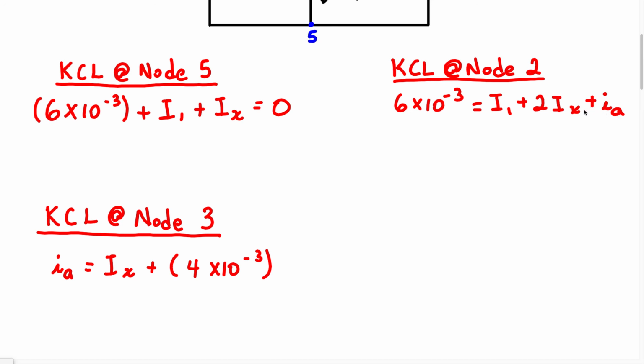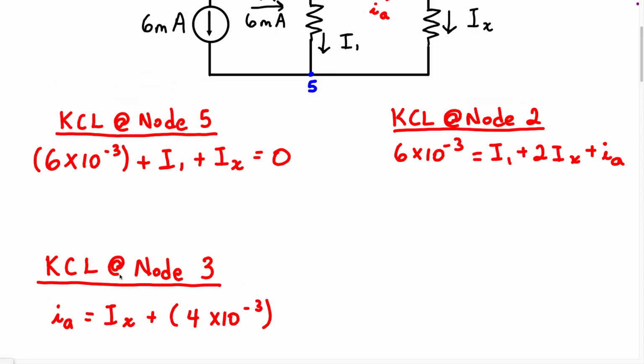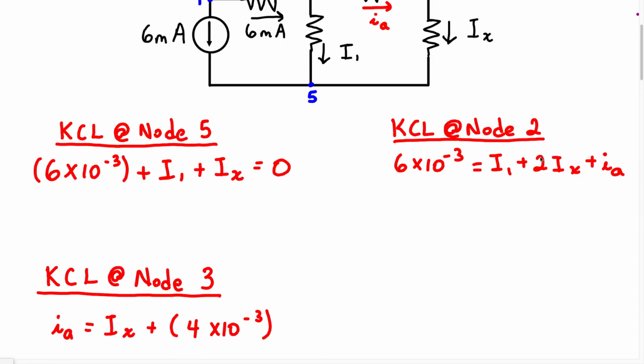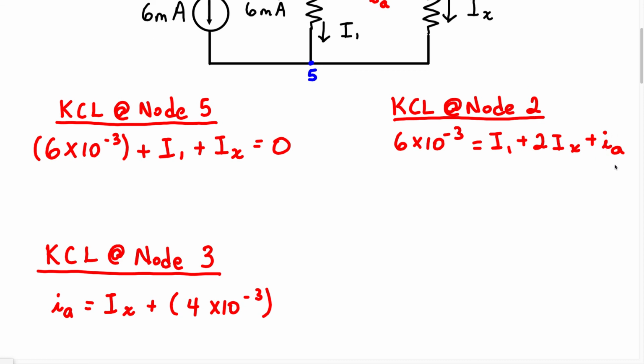So let's do that. I'm just going to use the nodal equation we just found at node 3, and substitute that for IA. Therefore, we're going to have 6 times 10 to the minus 3 equals I1 plus 2IX plus IA.